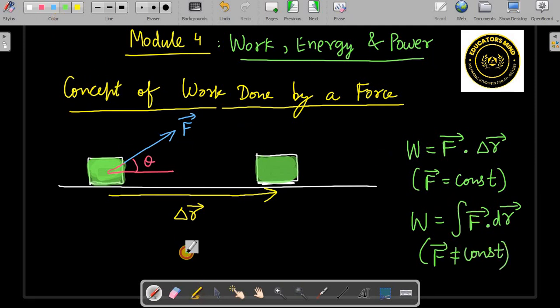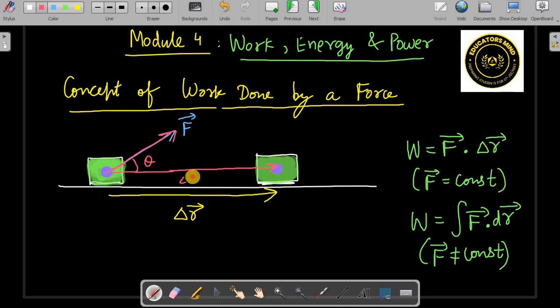Here the important point to note is the point of application. Right now the object is like a point object. The point of application of the force is moving, isn't it? So force is applied at this point, or this object you can say, and this is the displacement that is happening.